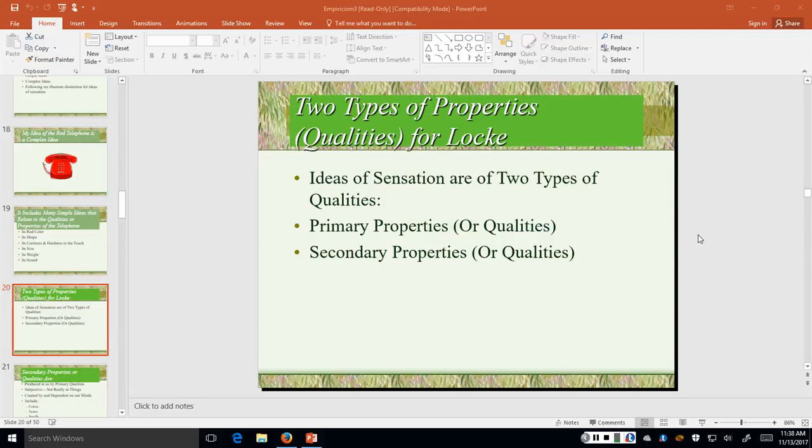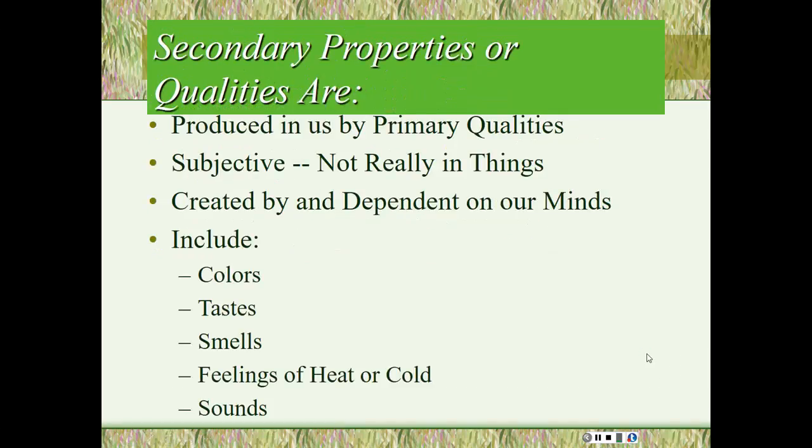So Locke says the ideas we get from things external to us are of either primary or secondary properties, and we looked at his claim last time that, for Locke, not all of the properties that we seem to experience as things having in the real world really are in things in the real world.